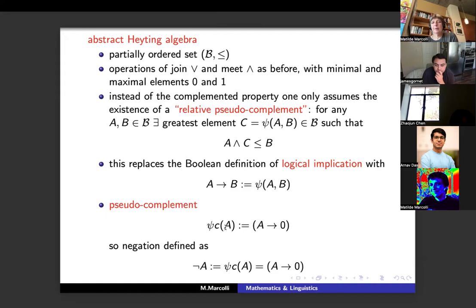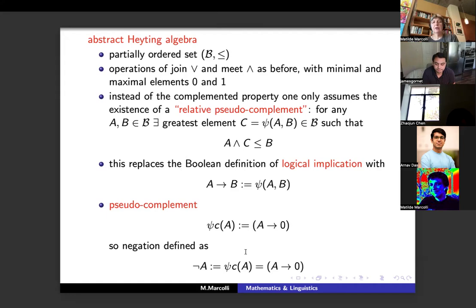The pseudo complement of A is just the implication A to 0, so it's psi of A, 0. So the negation is not defined as the complement in the set theoretic sense that we have in the Boolean algebra, but as this pseudo complement.